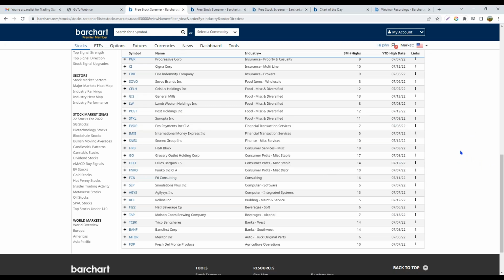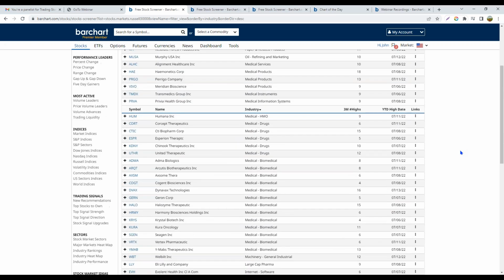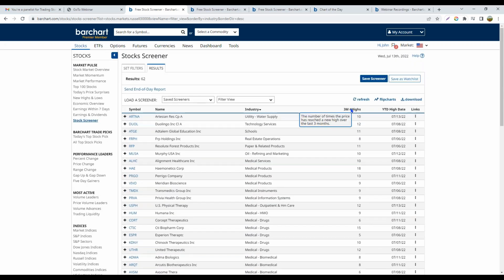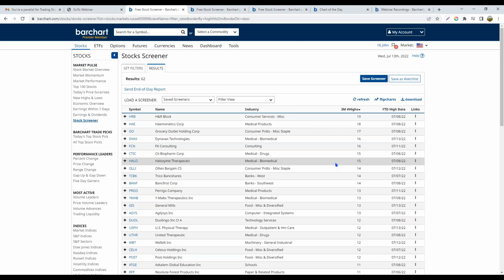So let's go back to the top of our page here, and let's look at the number of new highs in the last 3 months, and there's our H&R Block, right at the top of the list. But number 3 here is Grocery Outlet, and it's had 17 new highs in the last 3 months.